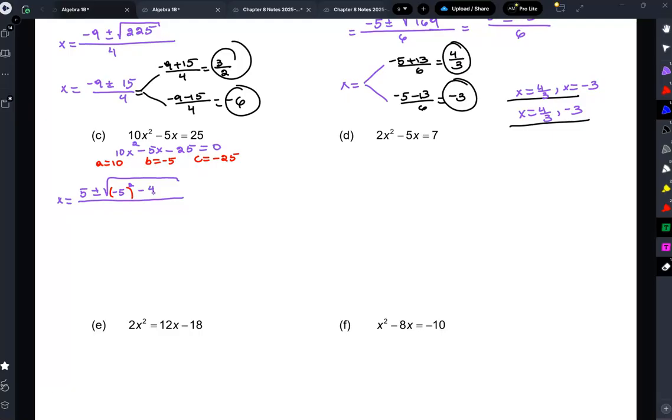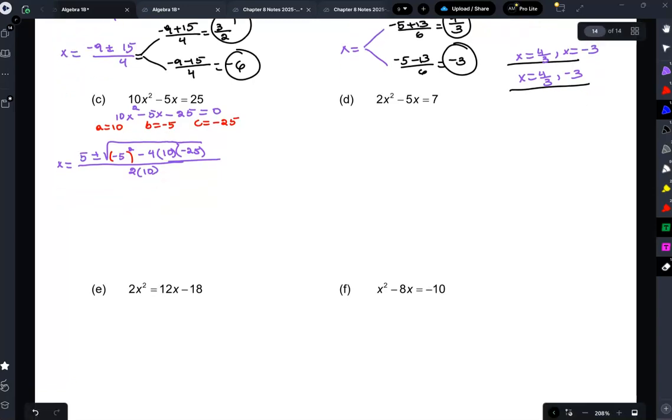Yep, minus 4 times 10 times negative 25, all over 2 times 10. Whew, that's a lot. Okay, so x equals 5 plus or minus the square root of something over 20. So let's go ahead and plug this in.